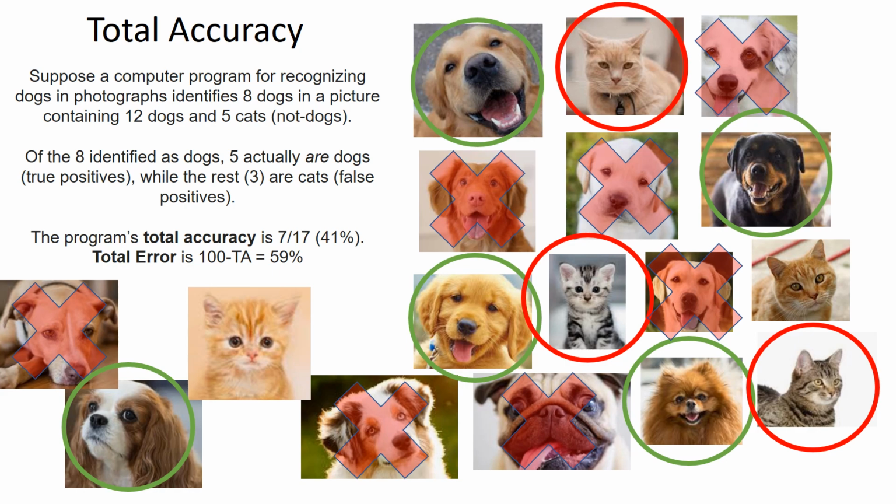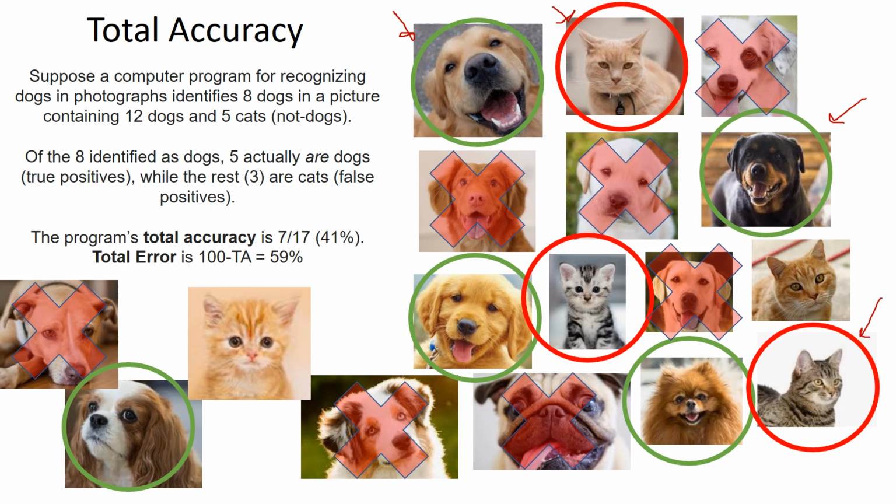So is this a picture of a dog? I give the computer program 17 different images, and it finds 8 dogs, and it says these are dogs. So all the things that it thinks are dogs are shown in the circles. So up here's a dog, and that's a dog. Wait a minute, that's a dog, and that's a dog.